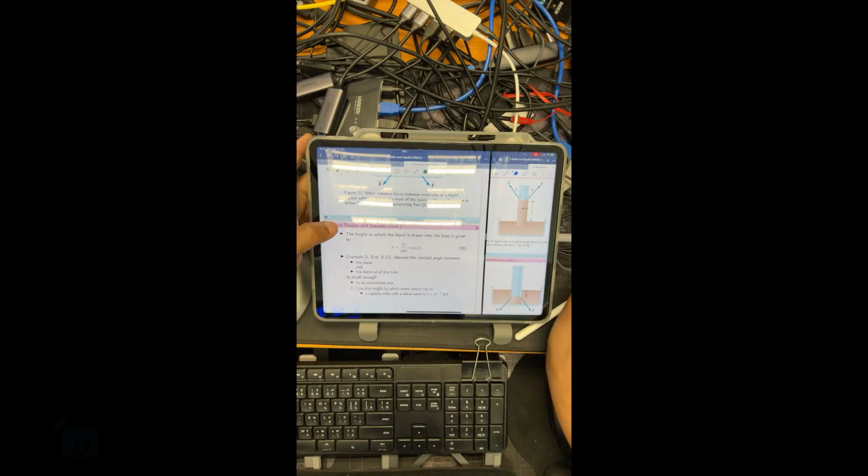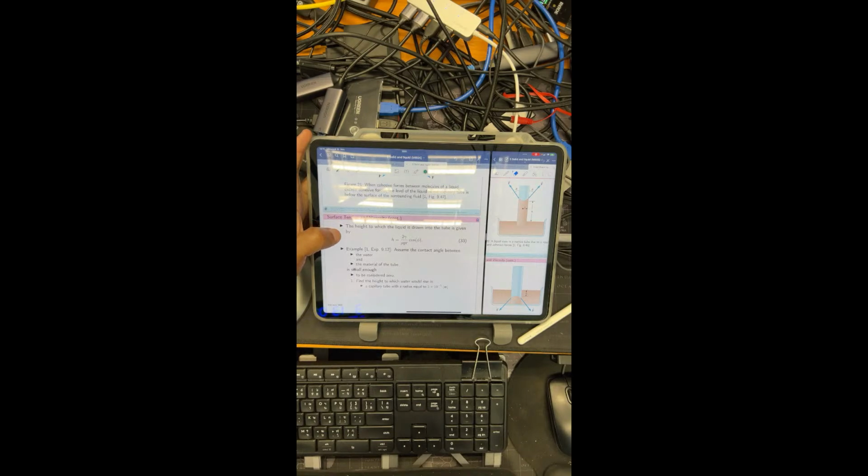Assume the contact angle between the water and the material. Our substance is water, so it should be this case. The level of liquid inside the capillary tube is higher than the level of the liquid in the big container, and the angle here is very small, close to 0.